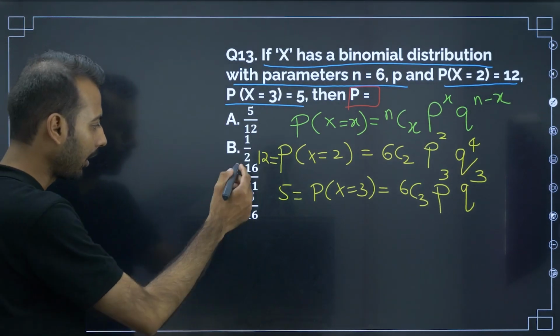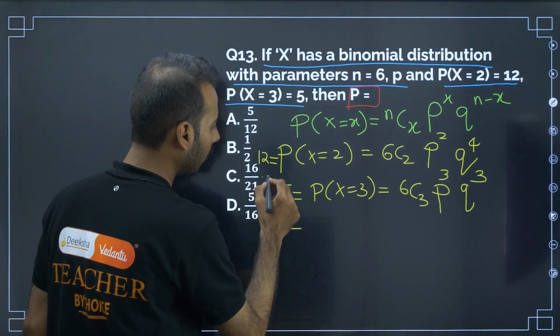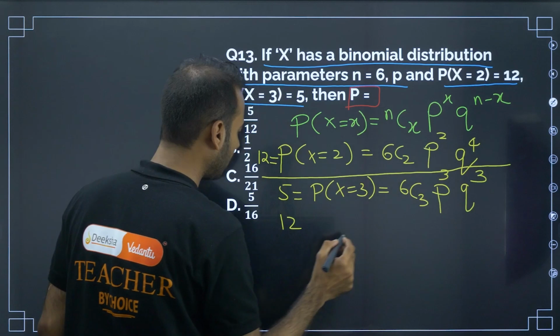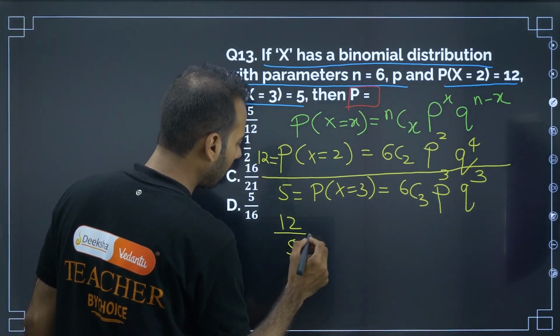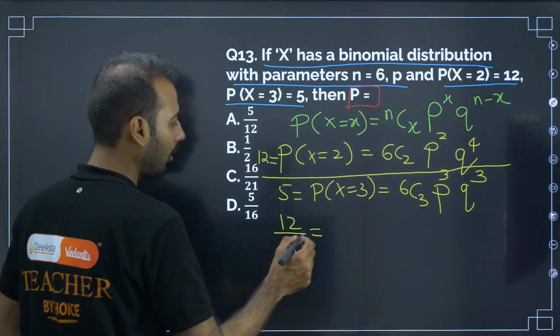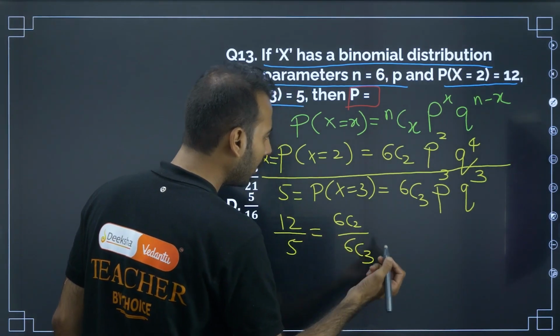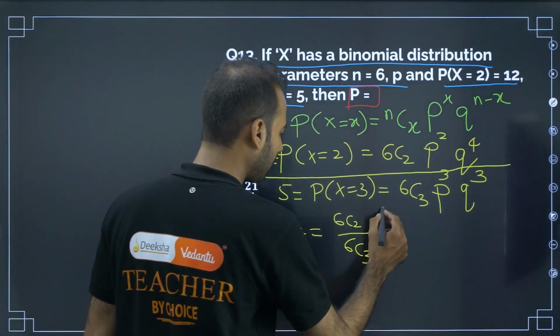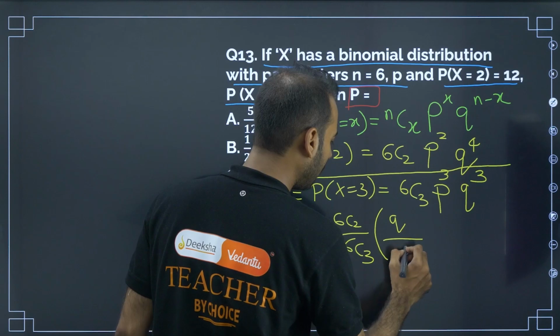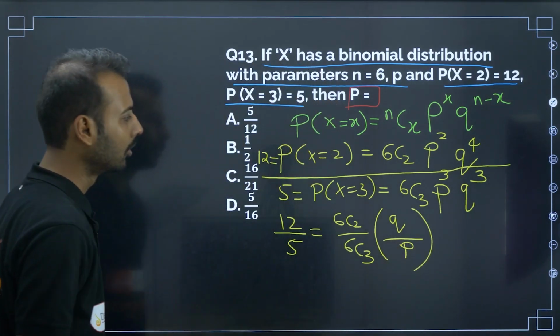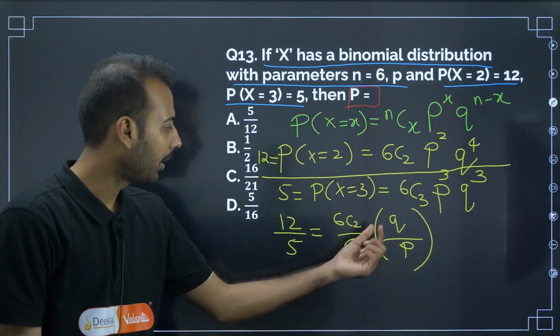Now everything is fine. If I divide these two equations, then I will get 12 divided by 4 is equal to 6C2 divided by 6C3, q divided by p.